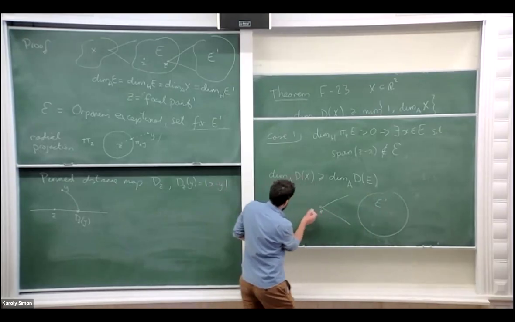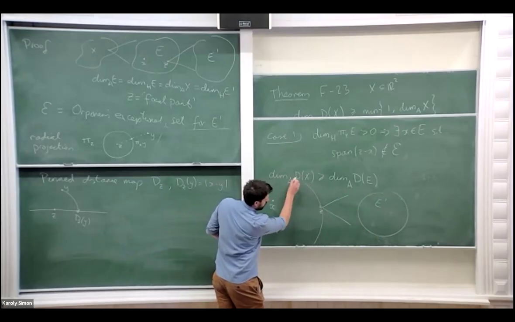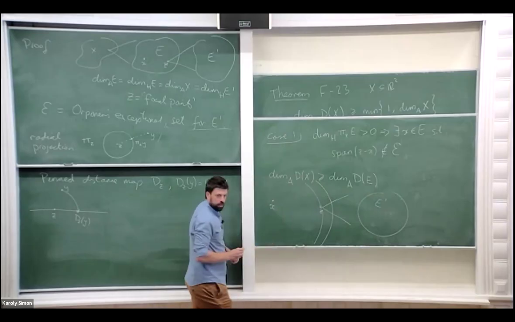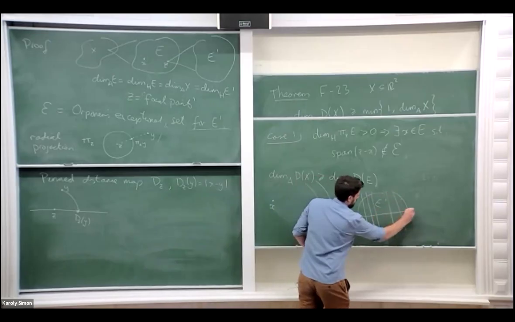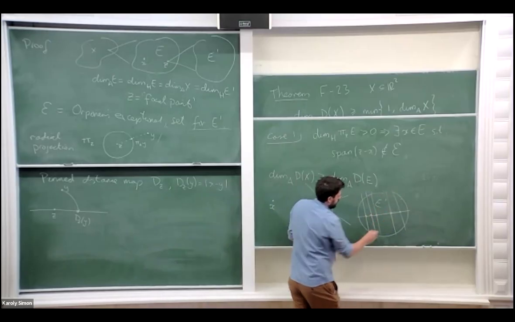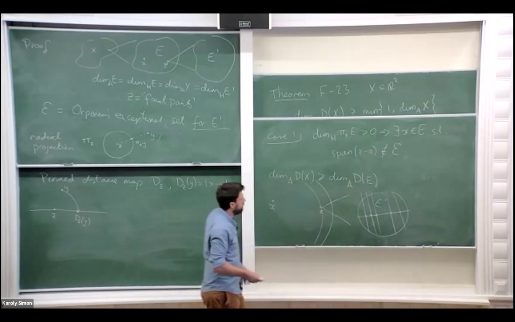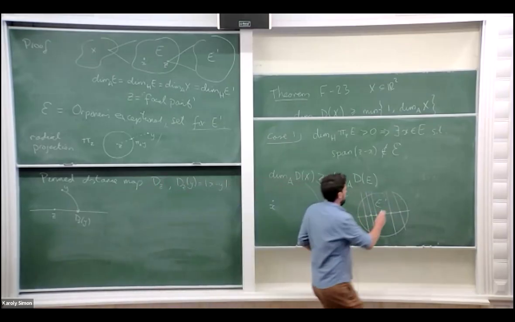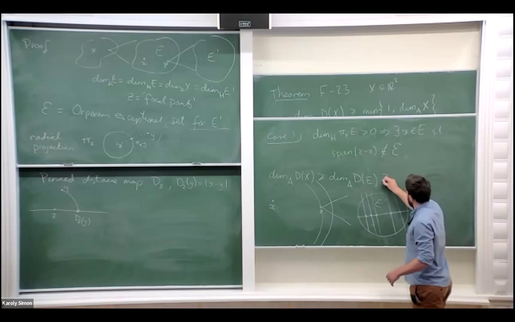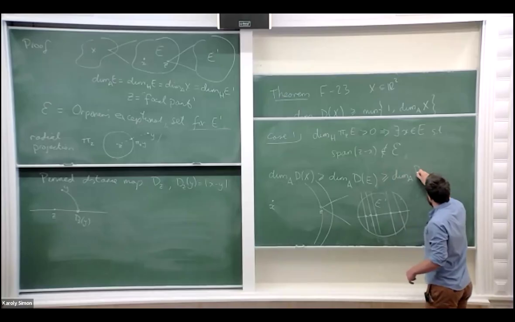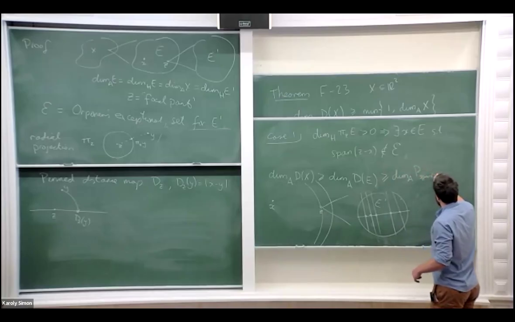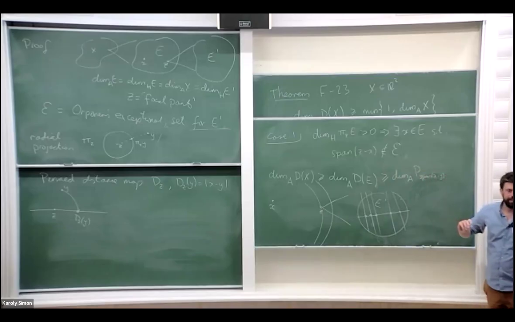Right? Because the pinned distance map moves points along these circles, but if I look very, very close to Z, those circles just become lines, and the distances are realized here as an orthogonal projection of E prime onto the span of X minus Z. So modulo the details, by this nonlinear projection theorem, this is at least the Assouad dimension of the projection onto the span of X minus Z of what set? What set should I write here?